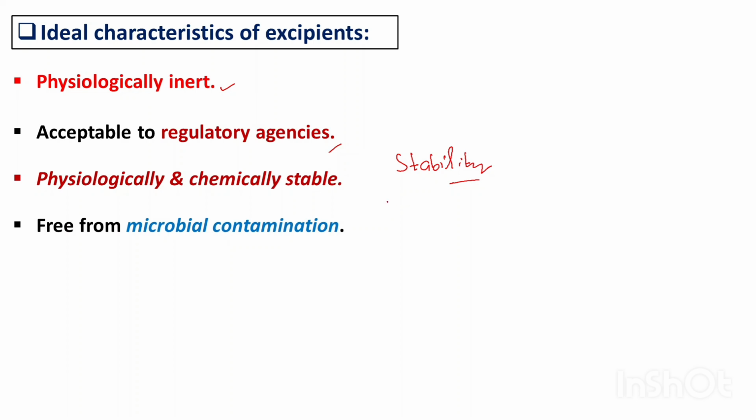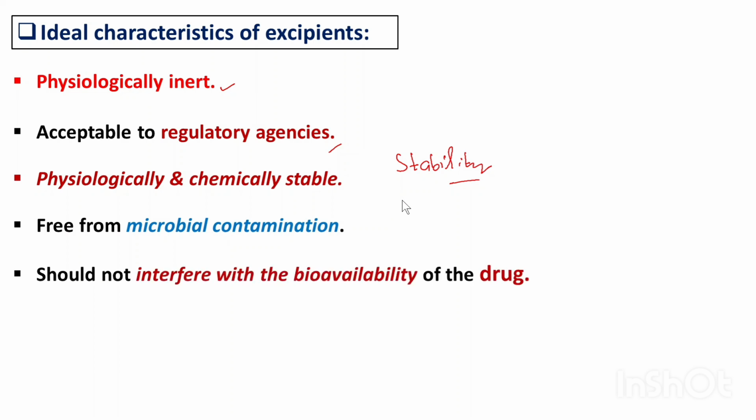Rather than curing the disease, it will create some adverse effect because the tablet is contaminated by microbes, right? Moving forward, it should not interfere with the bioavailability of the drug, right? If the excipient hampers the bioavailability of the drug, then we will not get 100% pharmacological action, right? In that case, we choose the excipient which does not hamper the bioavailability of the drug substance.